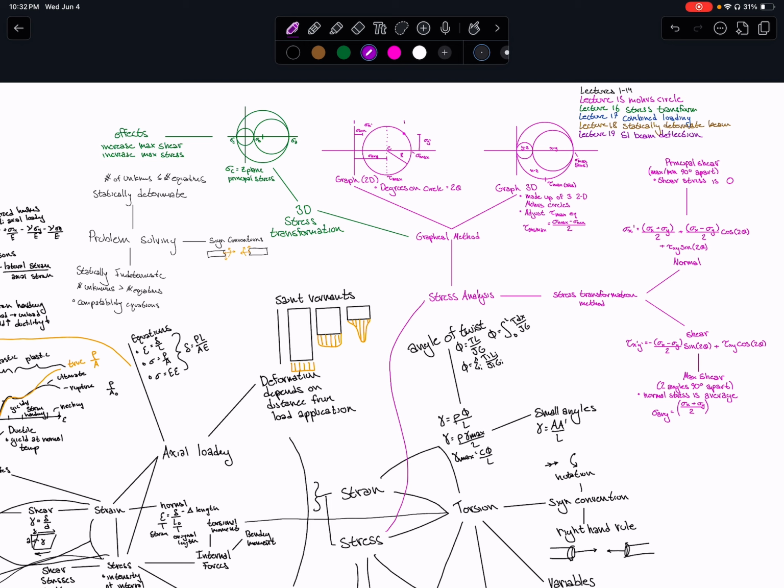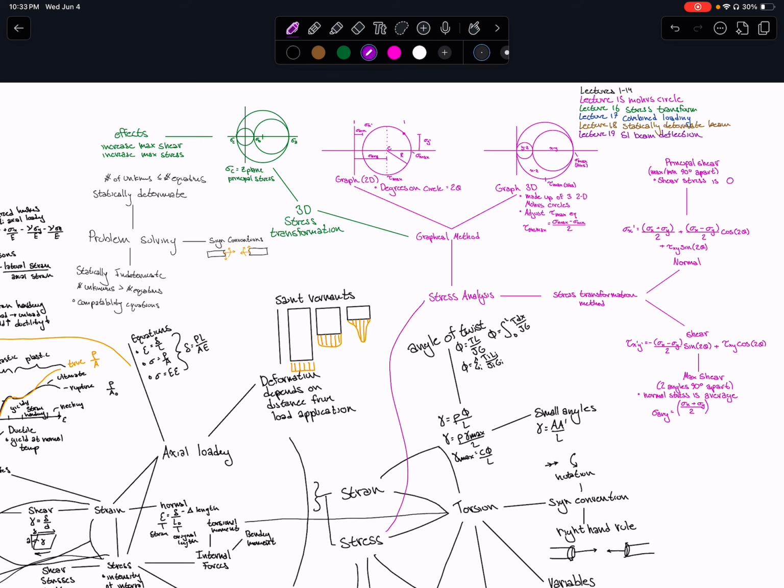I'd like to start off with Mohr's circle, which connects primarily to stress, and it is a method of stress analysis. This method is especially helpful when we are trying to find principal stresses and max shear for elements that have both normal stresses and shear.